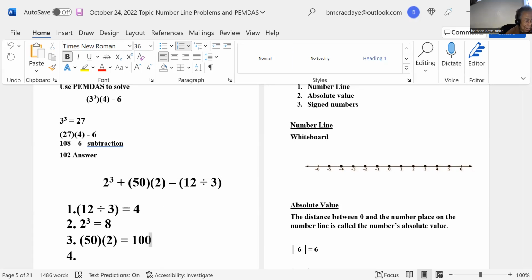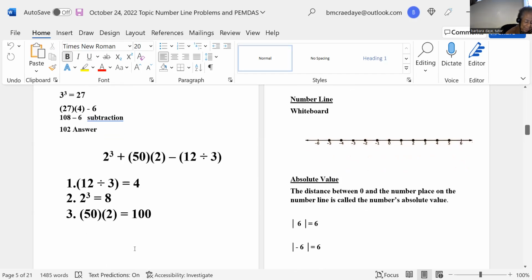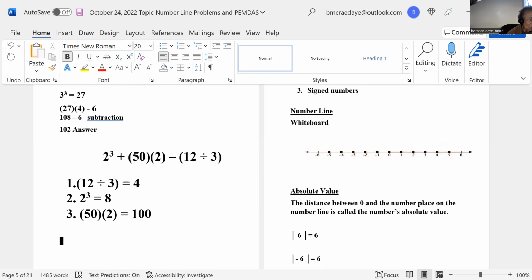Now you've got everything you need. Now I see how you do it. Your subtraction and adding come next, right? So 2 to the third is 8.